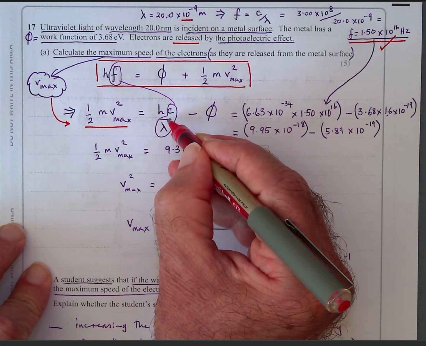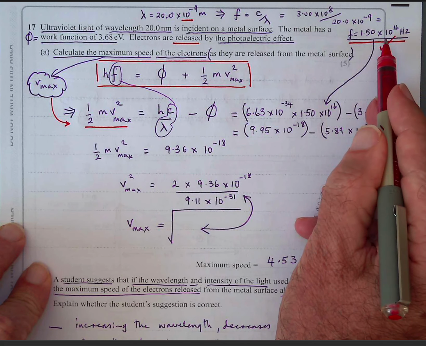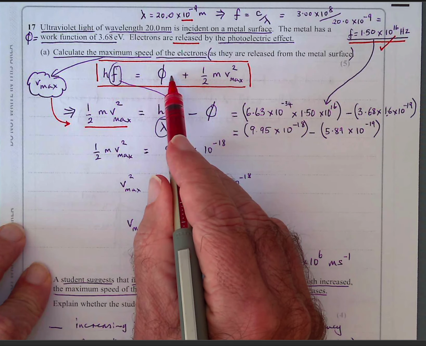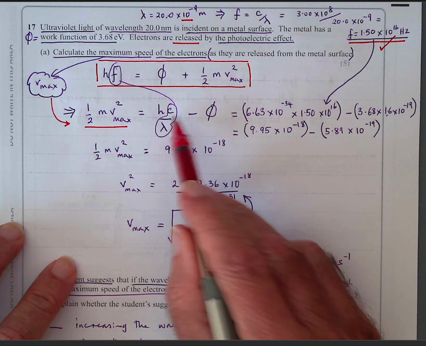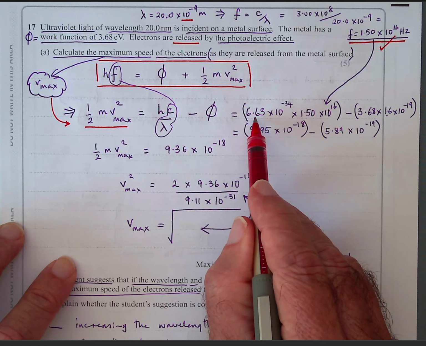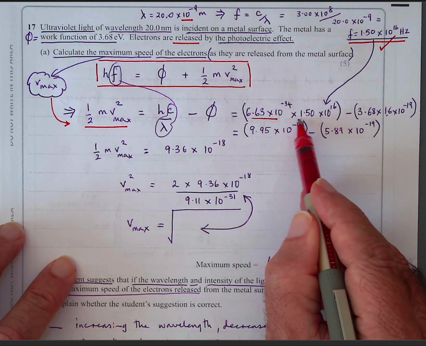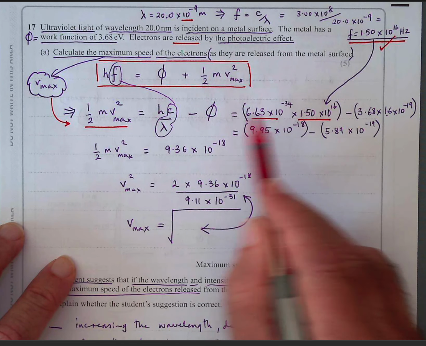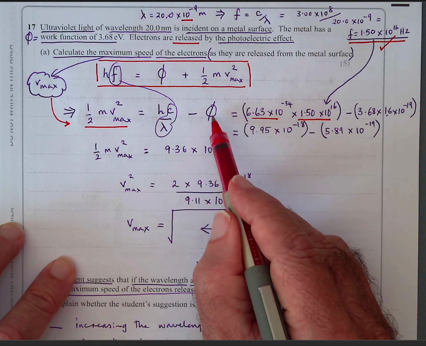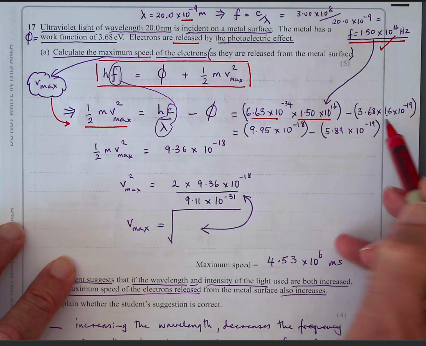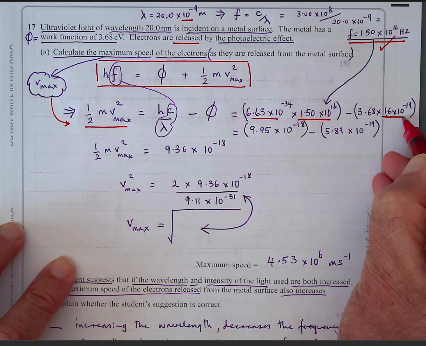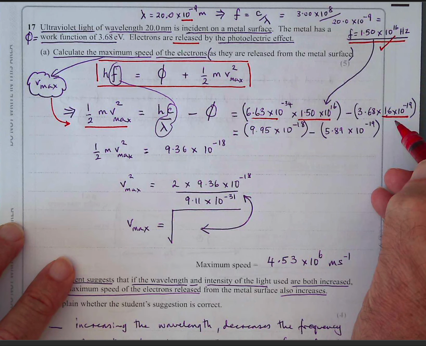So you can put it back as hf because I've put the frequency in, minus the work function, which is 3.68 electron volts. The hf would be the frequency we calculated above, that's the first part of the equation, and you need to change the work function from electron volts to joules by multiplying it by the electron charge.